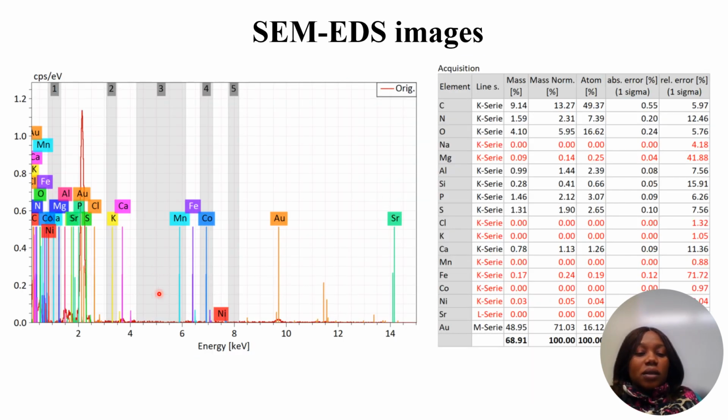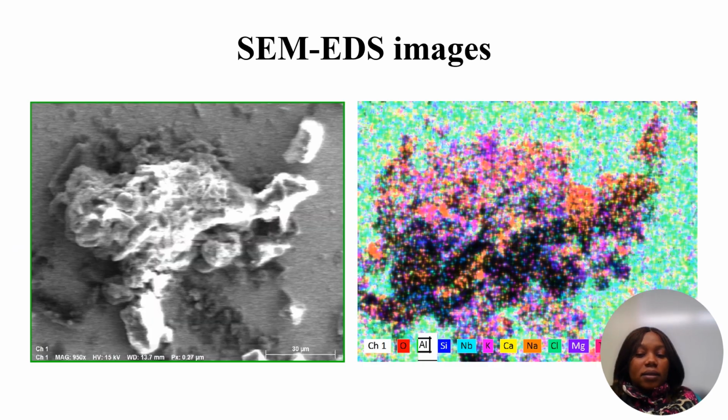So this is another thing we can do using the EDS. We can see the elements that are present, we can see the mass, we can see the atom. And from the peaks, we can also analyze it.